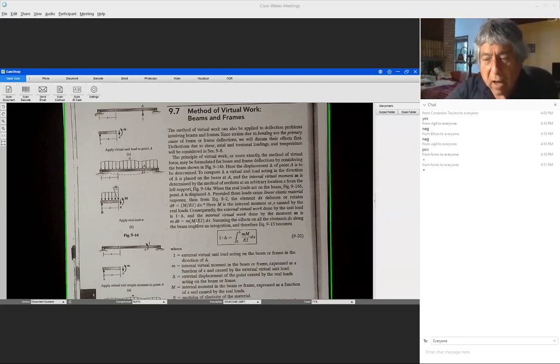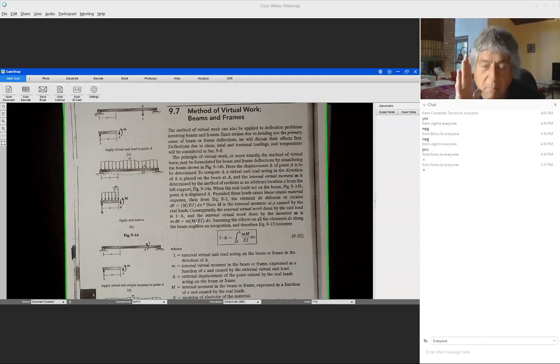Whenever I'm doing this, there is a rotation of the cross section. Remember from mechanics of solids, plane sections before bending remain plane after bending. It means that the cross section of the structure is rotating as a rigid body.